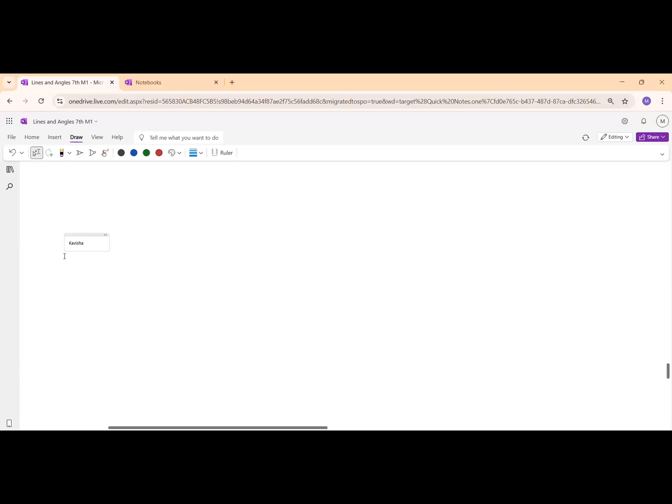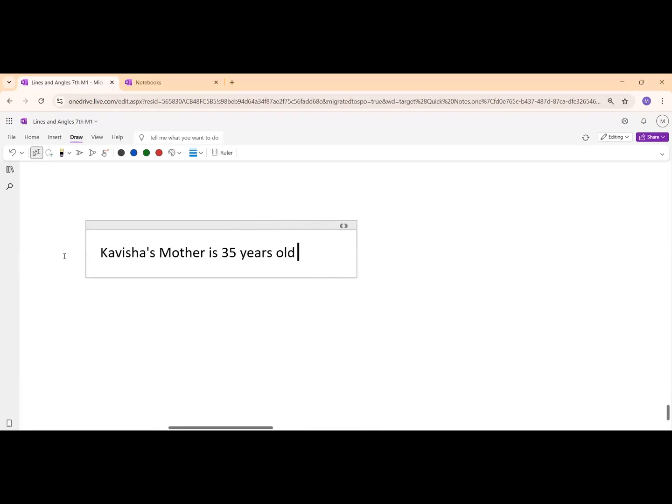Kavisha's mother is 35 years old. She is 5 years older than 6 times Kavisha's age.